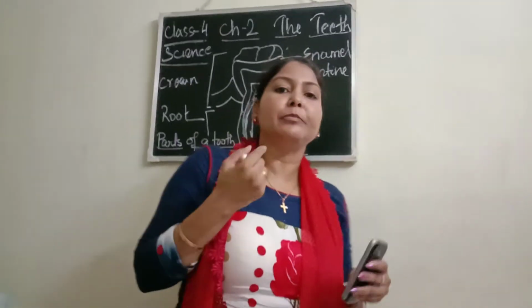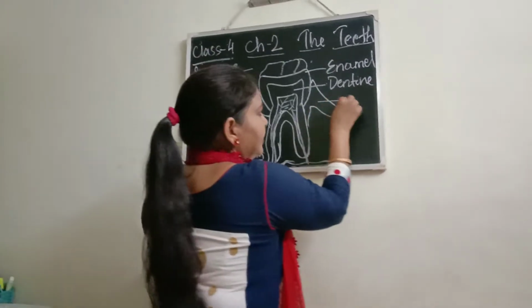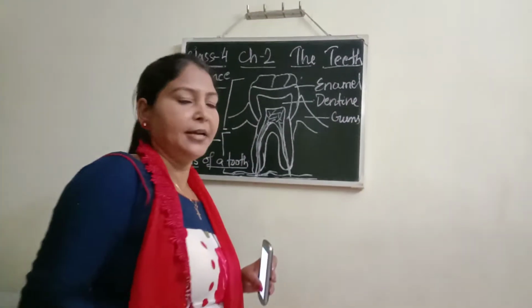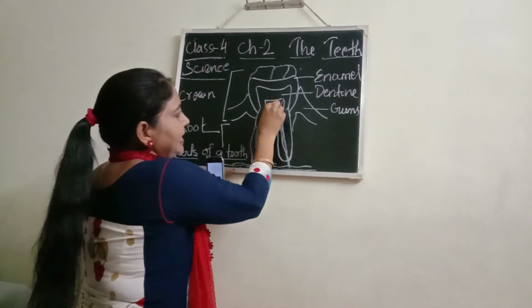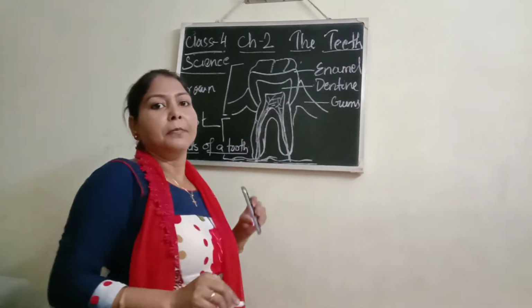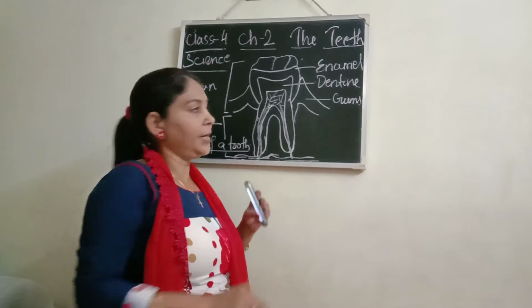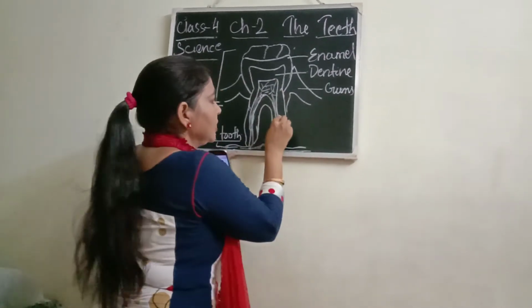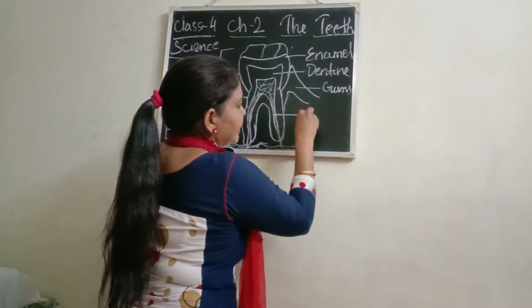They are called gums. So these are gums. Alright. Now here you can see some blood vessels. So these are blood vessels through which the blood flows. So this is blood vessels.